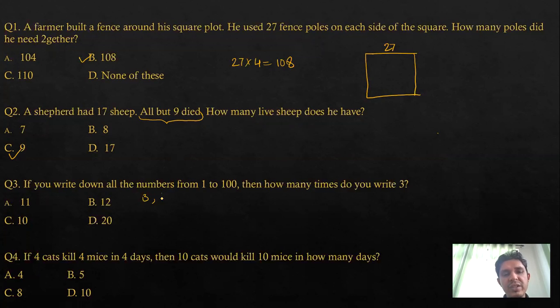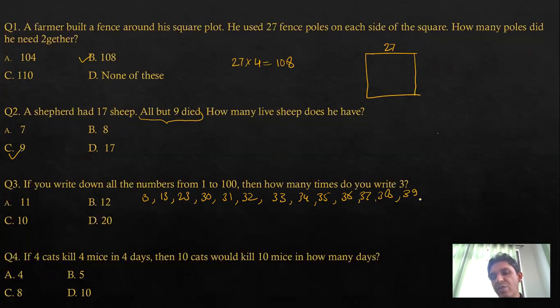So 3 will be written in 3, 13, 23, 30, thereafter 31, 32, 33, 34, 35, 36, 37, 38, 39, thereafter 43, 53, 63, 73, 83, and 93. So students, if you count all the 3s, the total will be 20.